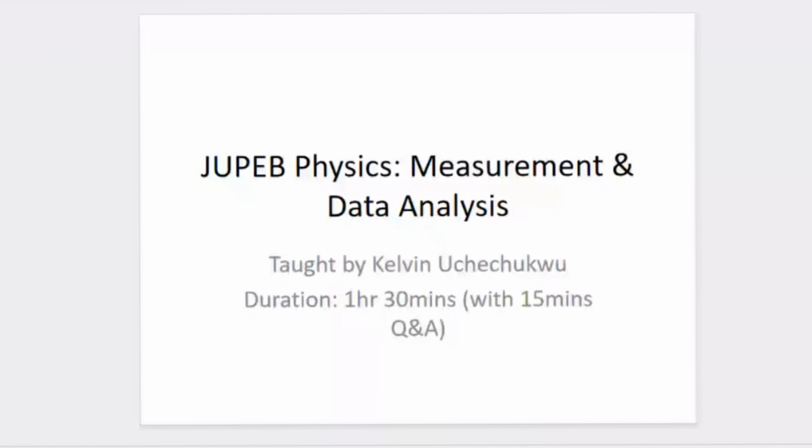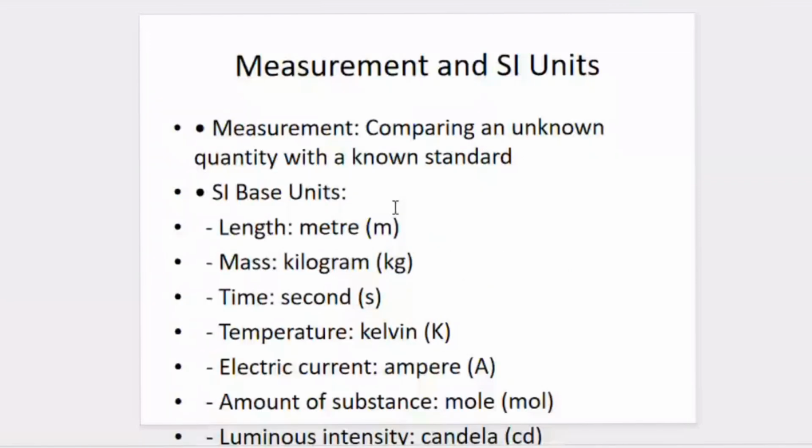So when we talk about measurements, we are talking about comparing unknown quantities with known standards. There are different ways we carry out measurements, and one of the major ways is by using units. We know the measurement for length is with the unit meter.